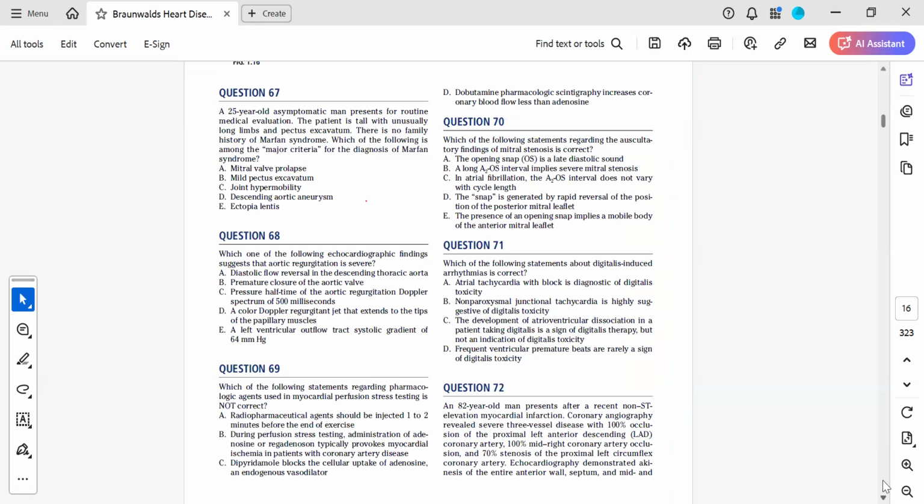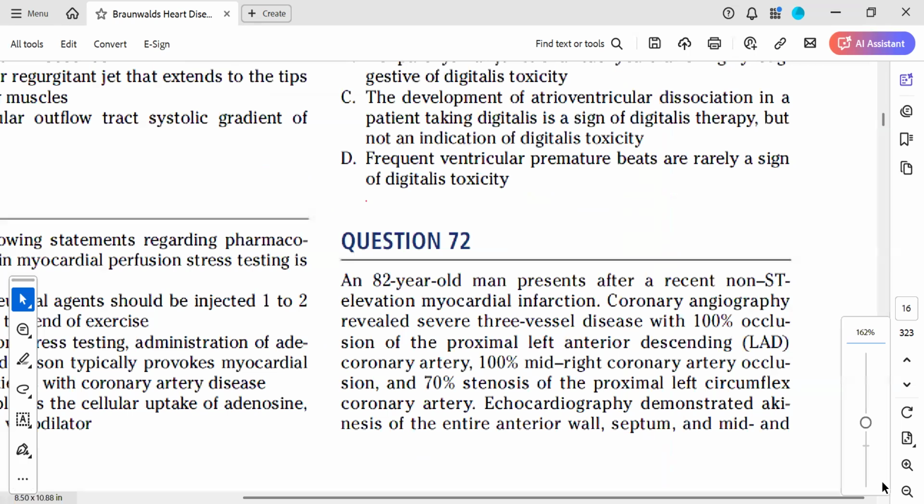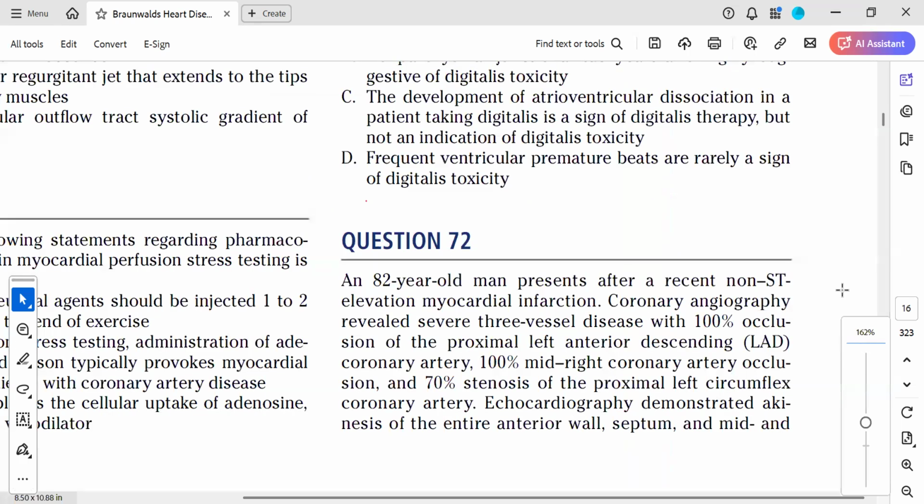LAD is 100% occluded, RCA 100% occluded, then left circumflex is 70% occluded. Can you see that? This patient has gone for invasive angiogram, and the LAD is occluded, RCA is occluded, circumflex occluded.